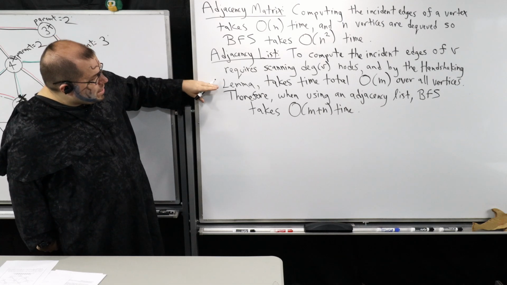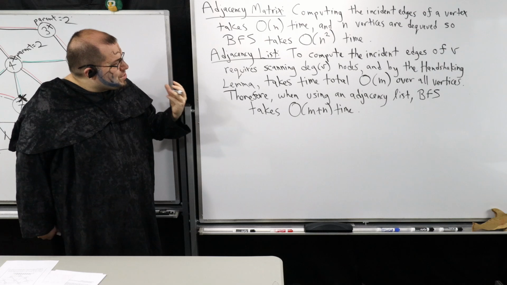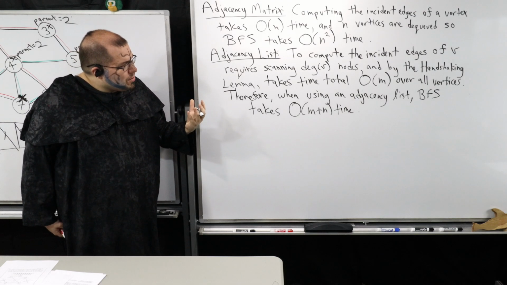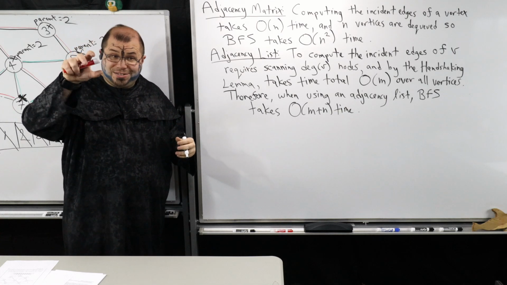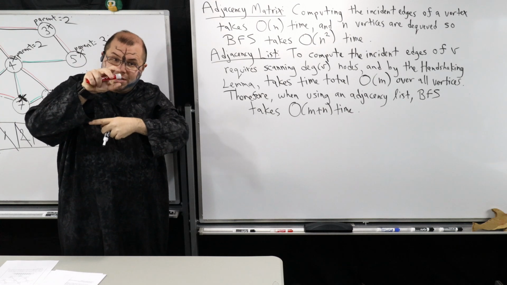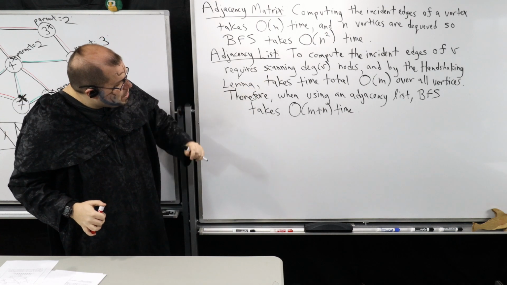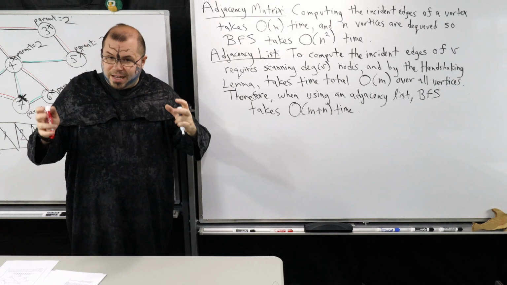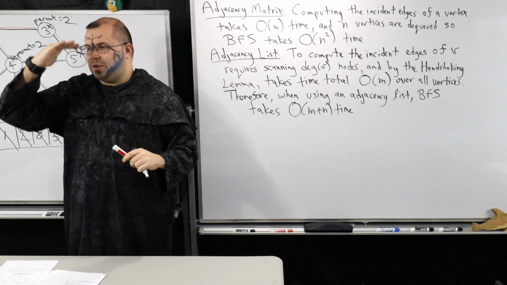But by the handshaking lemma, remember we talked about this last day, I'm just going to have big O of m operations over all of the vertices, because I have to consider each vertex, and each vertex will have its degree of vertices. So overall I'm going to have big O of m. But when I put all of this together, I have to be a bit careful about this, because I go through all of the vertices.